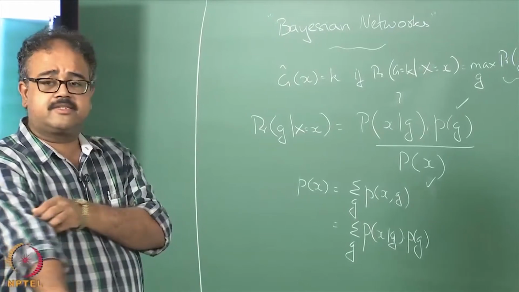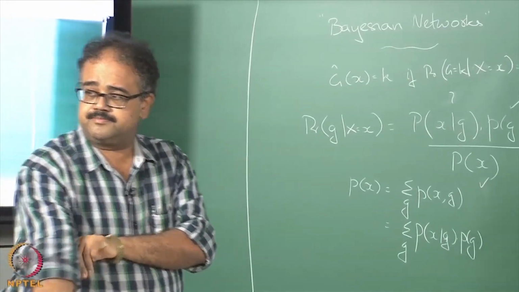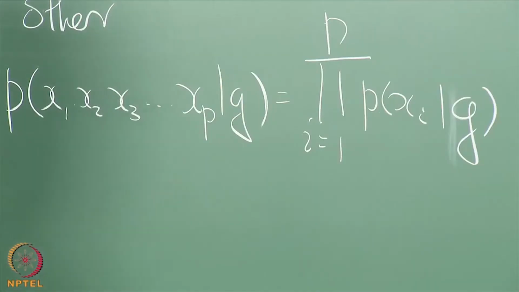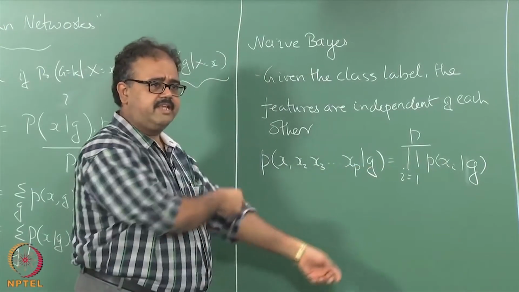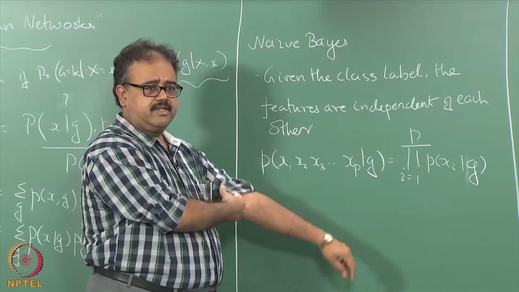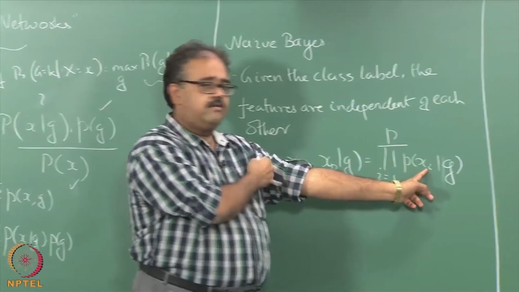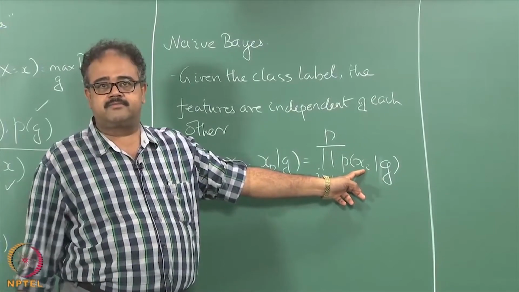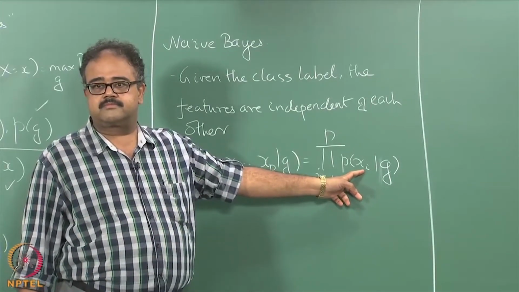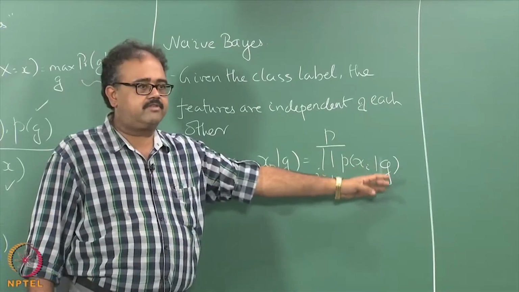Now this is called the naive Bayes assumption. Once I do this, it becomes very easy for me to estimate parameters, right. So what I will do now is count in how many data points xi has taken a particular value, of that particular class.